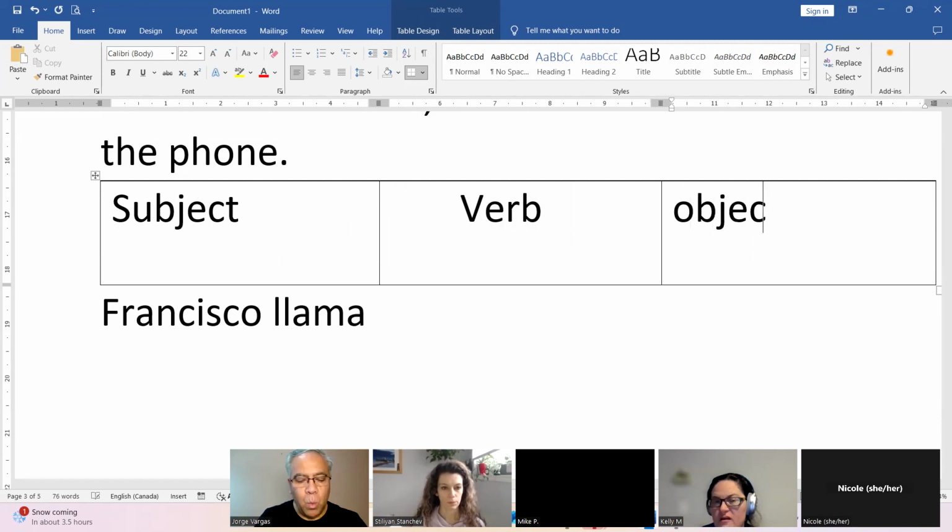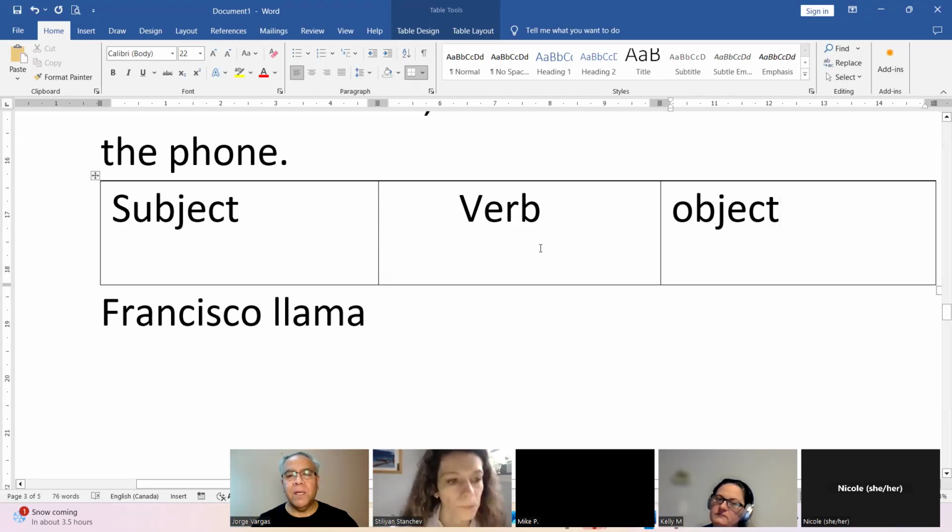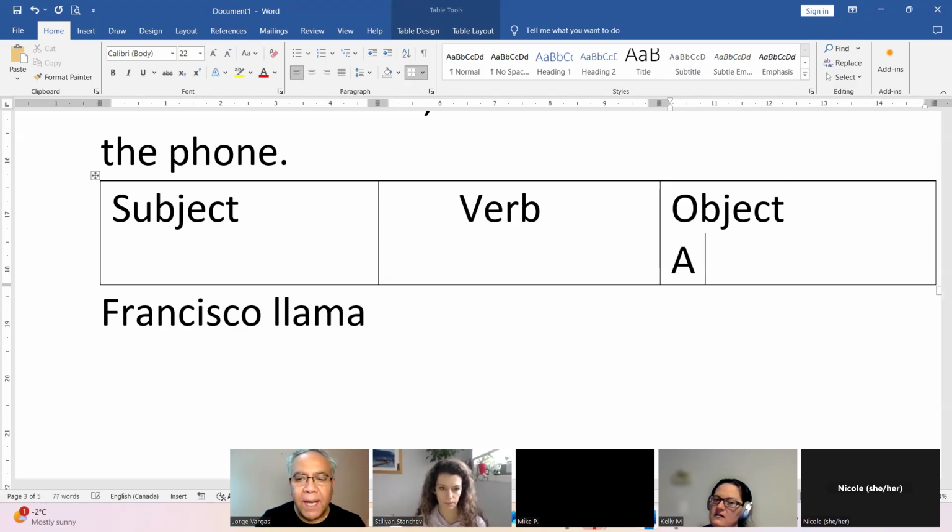Question: what happens when the object is a person? When you say I perform the action, this is the action, and then I'm introducing an object, such as the case here. Francisco is the subject. And then what is the word? Outstanding. When it's a person, you need that a.